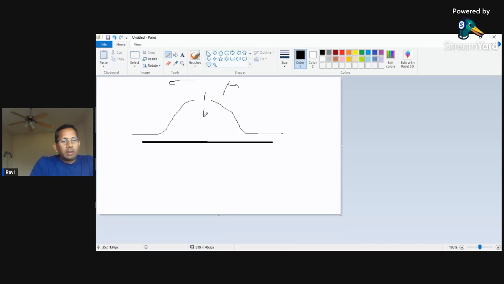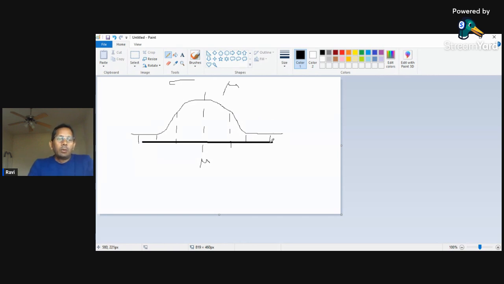Let's take the center point, the center line, as the mean, and there is a certain distance, and there is some other distance, and another distance. For now, let's take these values.